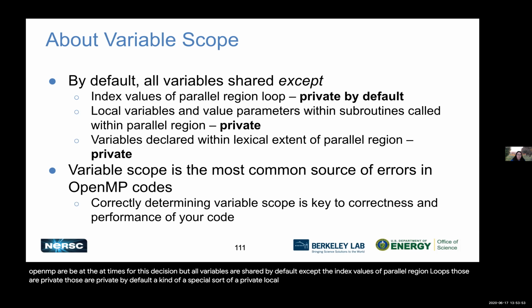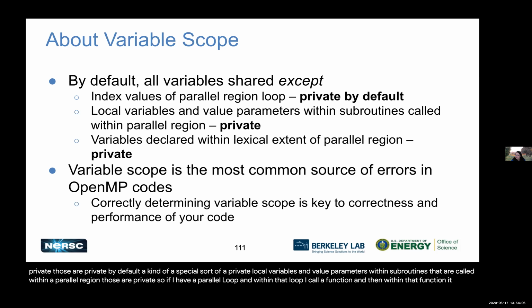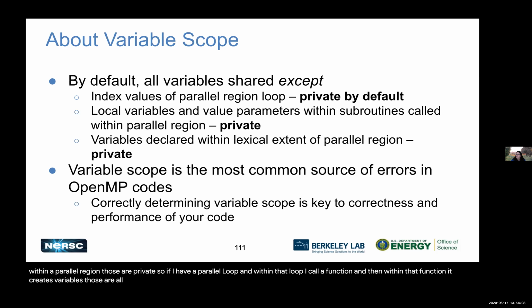Local variables and value parameters within subroutines that are called within a parallel region are private. So if I have a parallel loop and within that loop I call a function, and within that function it creates variables, those are all private variables. And any variables that are declared within the lexical extent of the parallel region are also private.